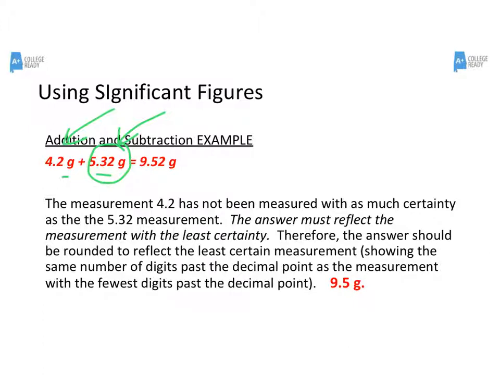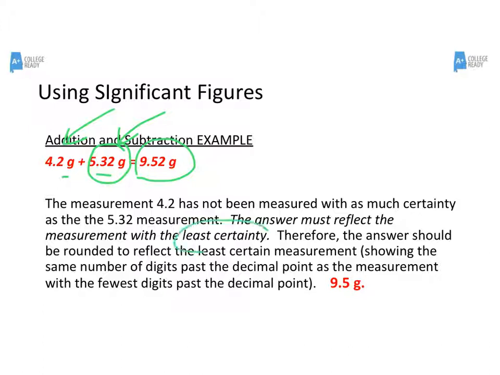When you add these 2 pieces of lab data into your calculator, you'll get an answer that looks like this. But that's really not reporting out with scientific integrity. The measurement 4.2 has not been measured with as much certainty as the 5.32 measurement.